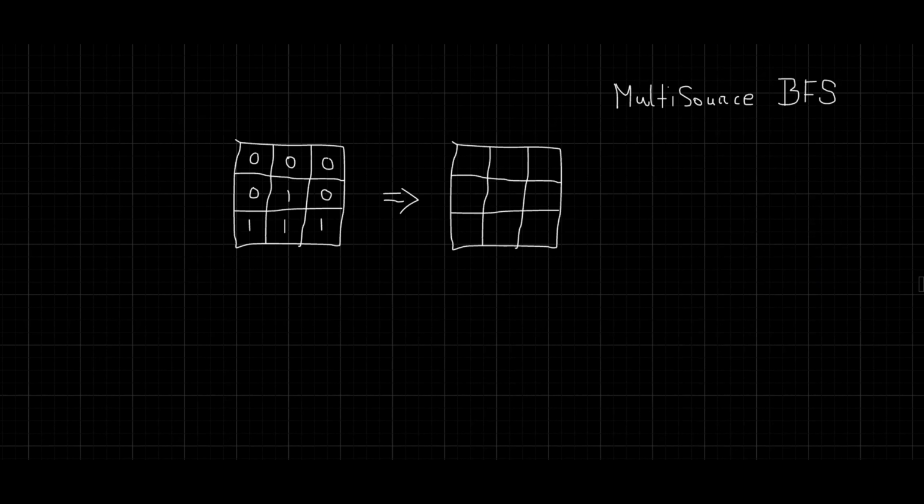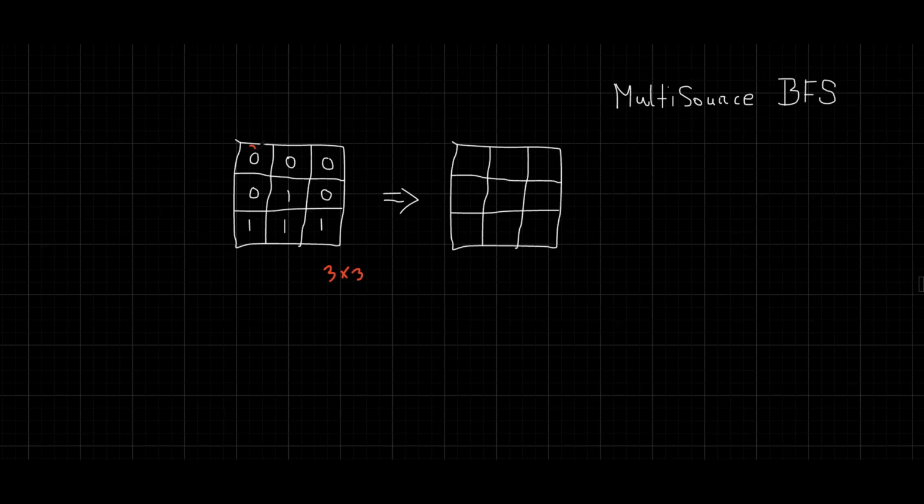Here, to understand the algorithm, we have taken this example. This is a 3 by 3 matrix, and the first row is 0, 0, 0, the second row is 0, 1, 0, and the third row is 1, 1, 1. Now, we have to find the distance of the nearest zero for each of the cells.